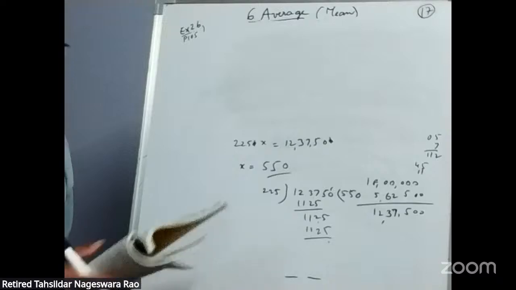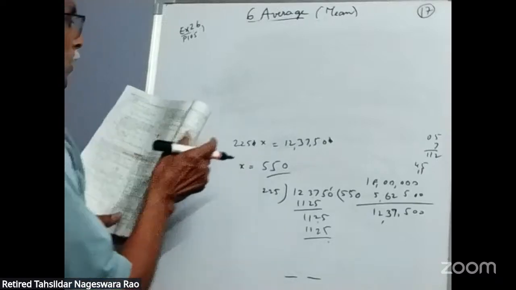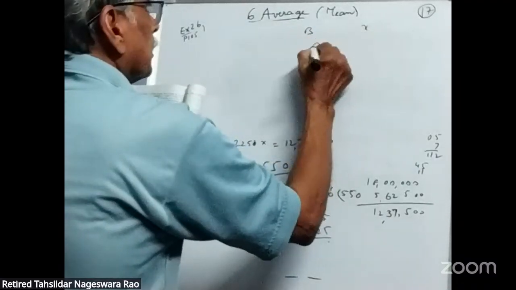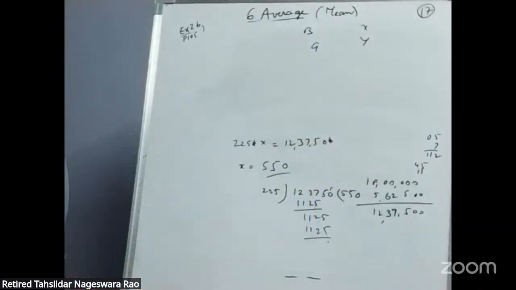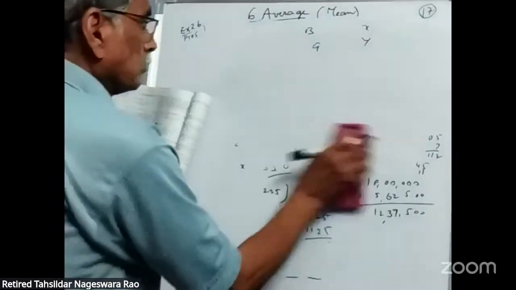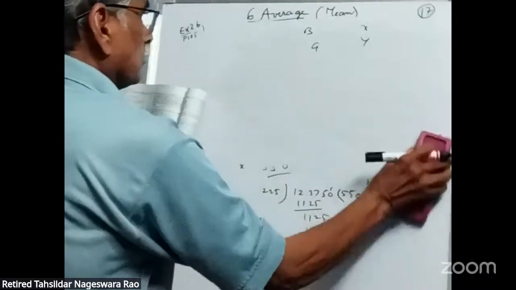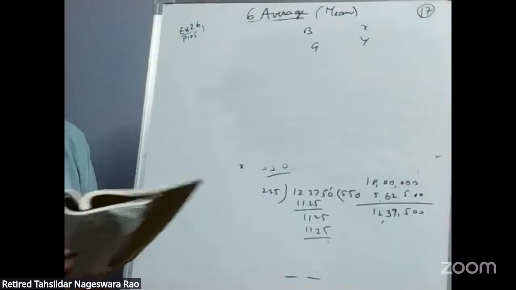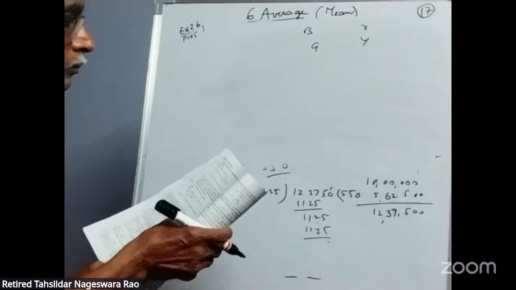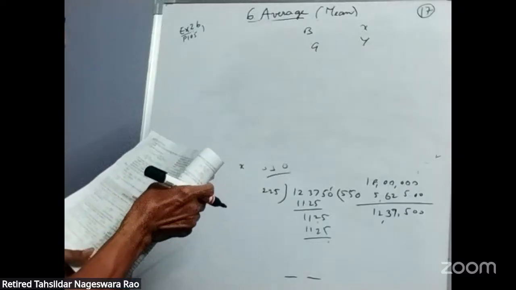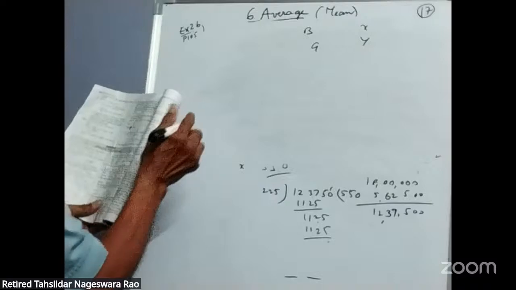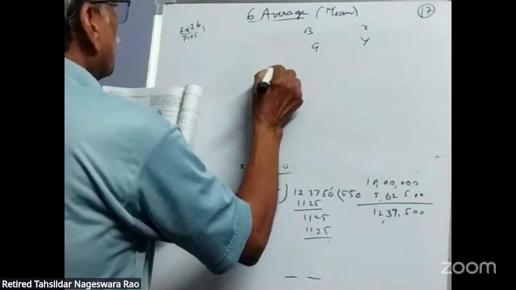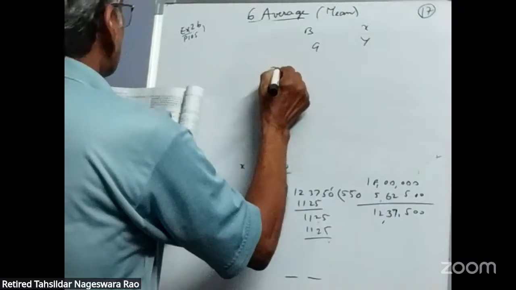So this is the data given. Boys x, girls y. Boys average 71, girls 73.